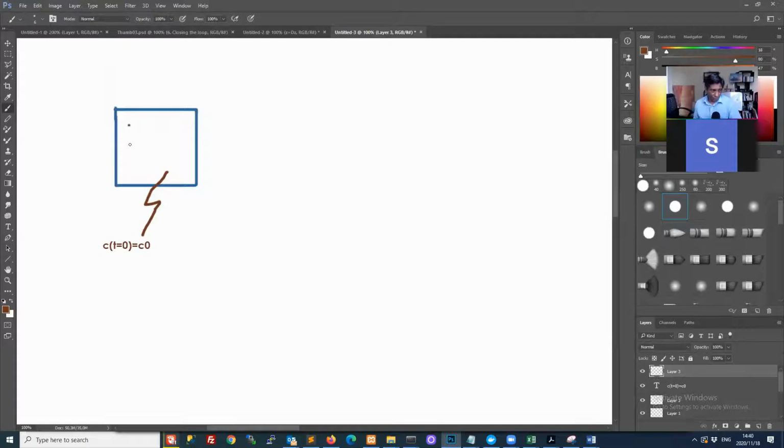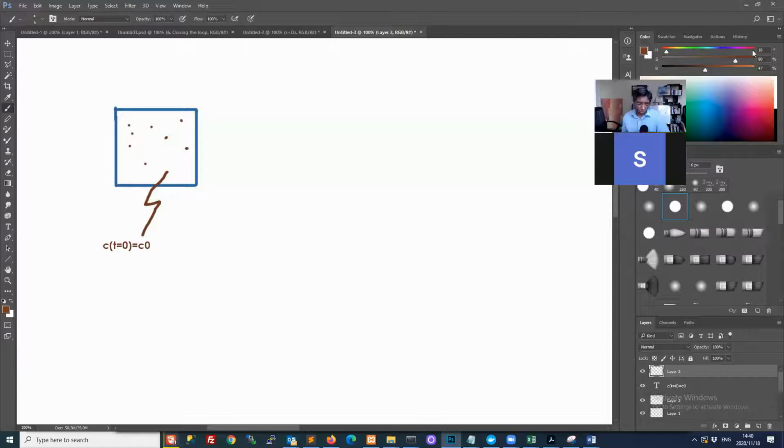So here, initially, we have some concentration C0. And now we are feeding to this system. So there's a stream coming in here with concentration C in. And notice here, these two concentrations are possibly different, are generally different, right?